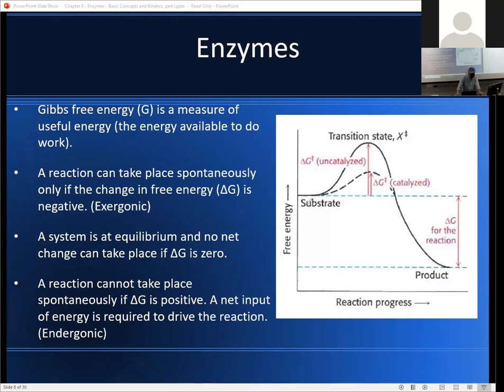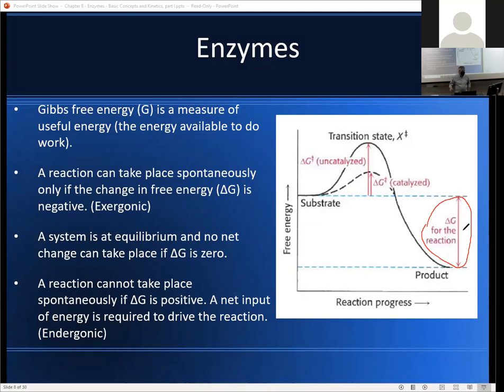Here we have a substrate, and there is a certain free energy associated with this substrate. In this reaction, the product has a lower free energy than the substrate. The difference in the free energy contained in the substrate and the product is the delta G, or the change in free energy.